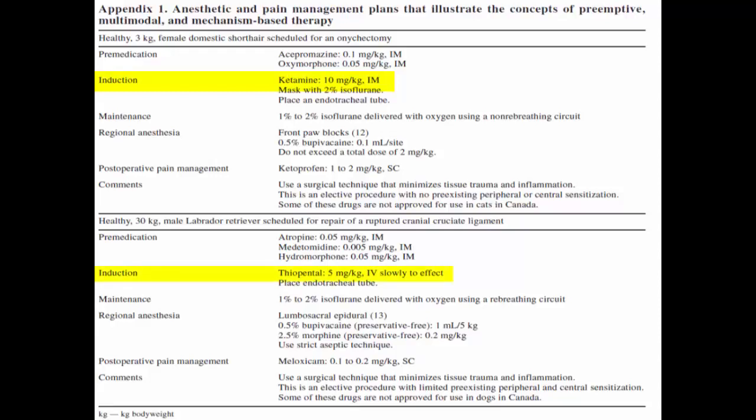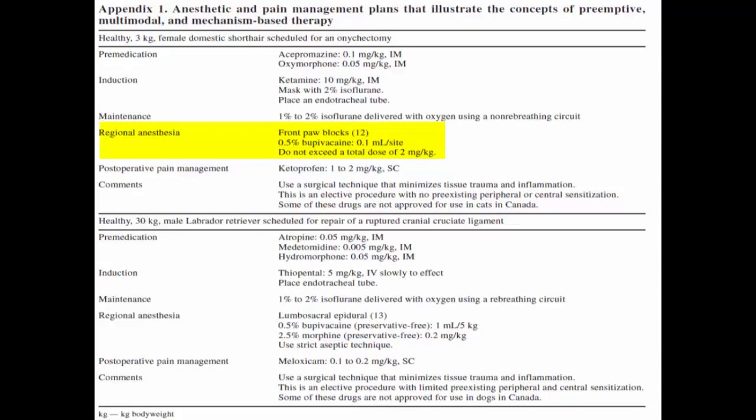On the lower protocol, they are using thiopental instead of ketamine as the induction agent. Then they maintain the anesthesia with isoflurane, which is a gas anesthetic. They are also providing additional analgesia by applying a local anesthetic, which is bupivacaine.